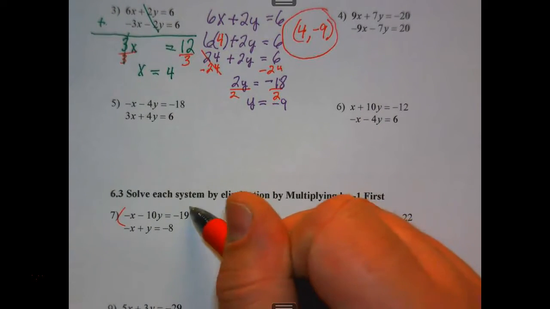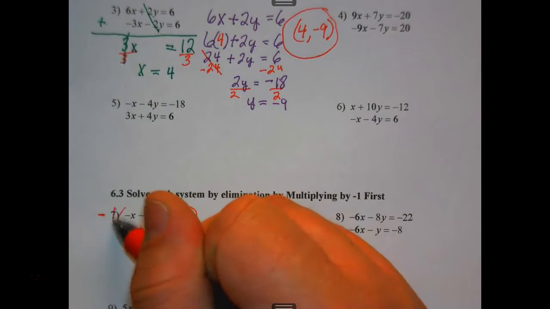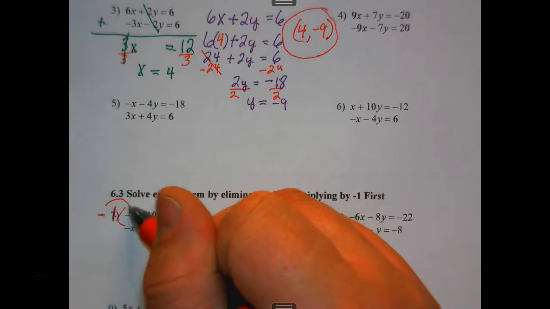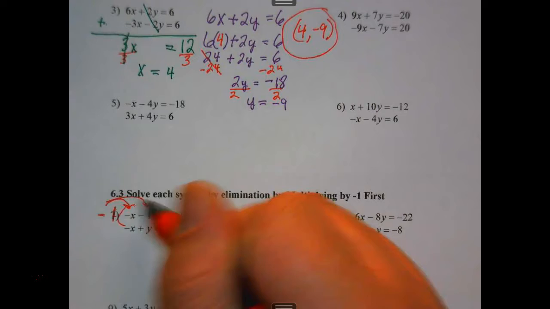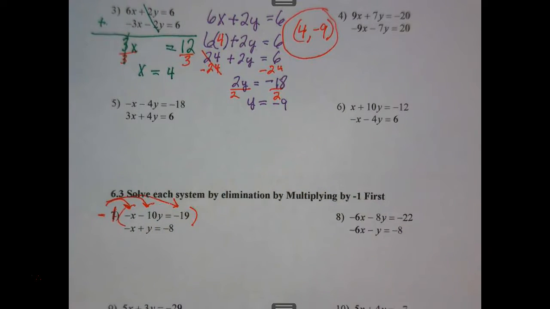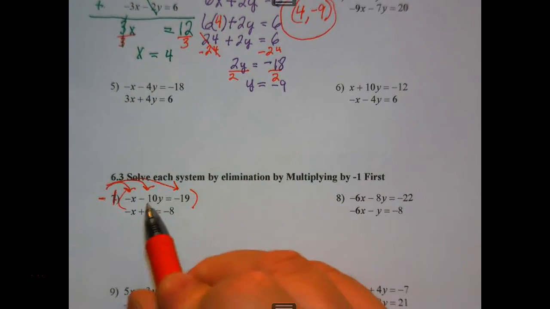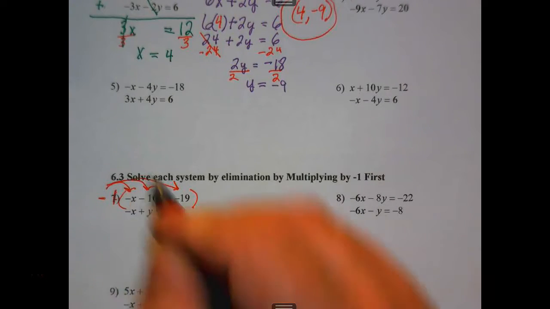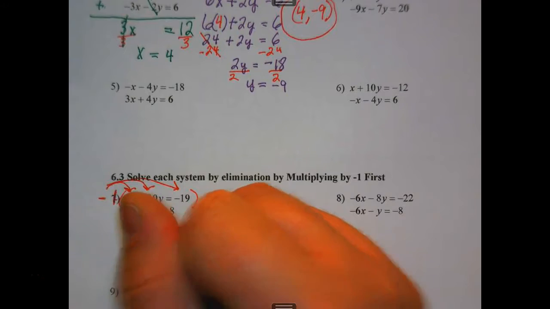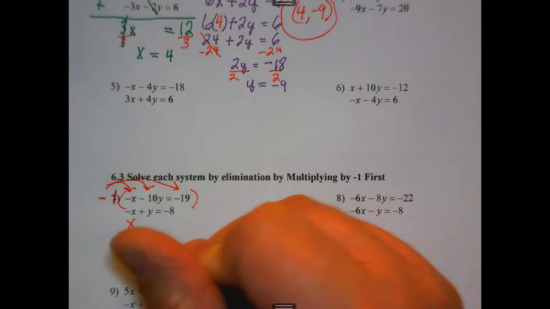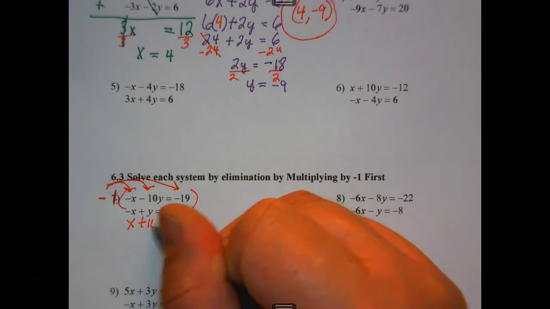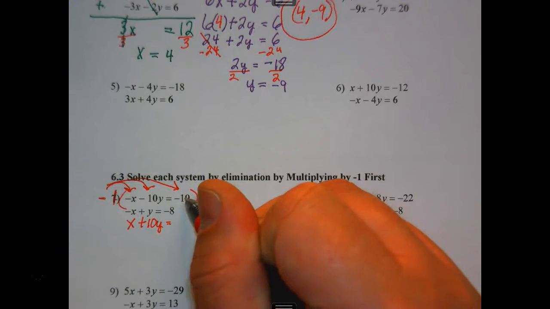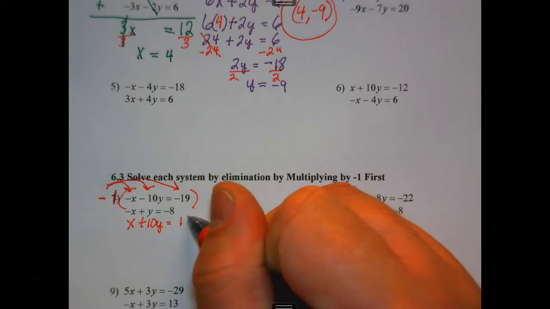I'm going to pick the top one, multiply it by negative 1, and you have to distribute that negative 1 to every term. So what that does is it switches the sign. Instead of negative x, I get a positive x. Instead of negative 10y, I get a positive 10y. Instead of negative 19, I got a positive 19.